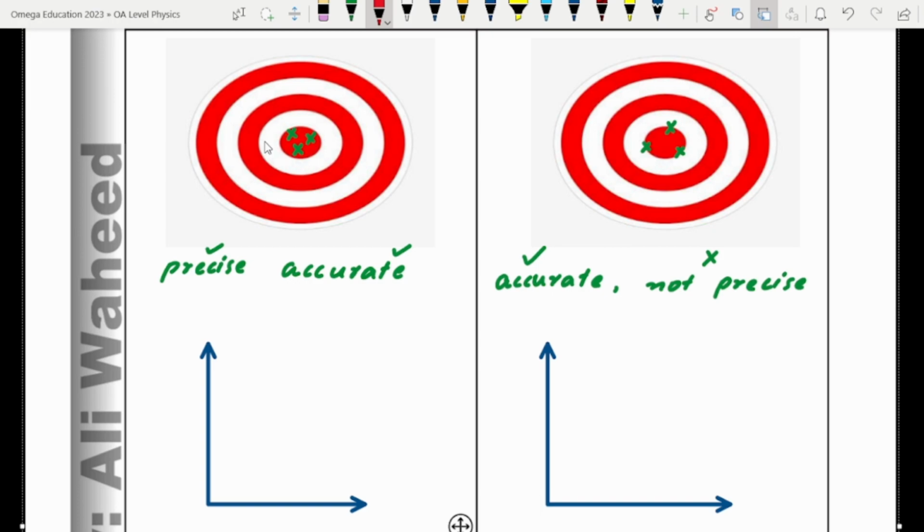Alright, so let us draw the graphs of these measurements. For the first one, when the reading is precise as well as accurate, on the x-axis I'm going to represent the values that we have measured through the experiment, and on the y-axis the number of values.